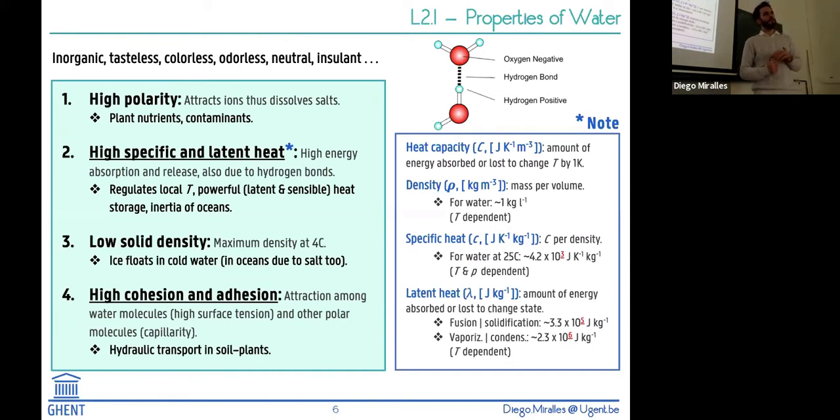And the same for vaporization, as we mentioned the other day. The amount of energy used to vaporize water is the same that is released later up in the atmosphere, on top of the atmospheric vapor layer, when that water vapor condenses. So the latent heat of vaporization and the latent heat of condensation are the same.